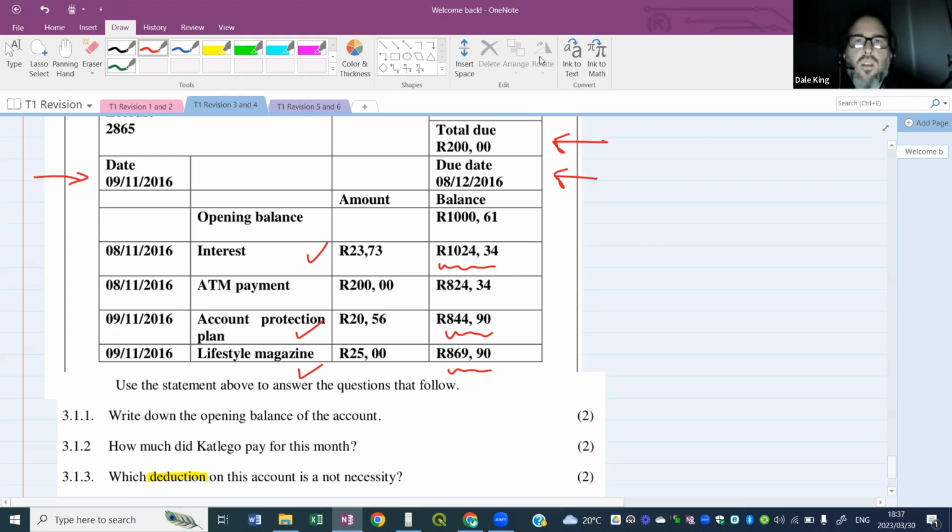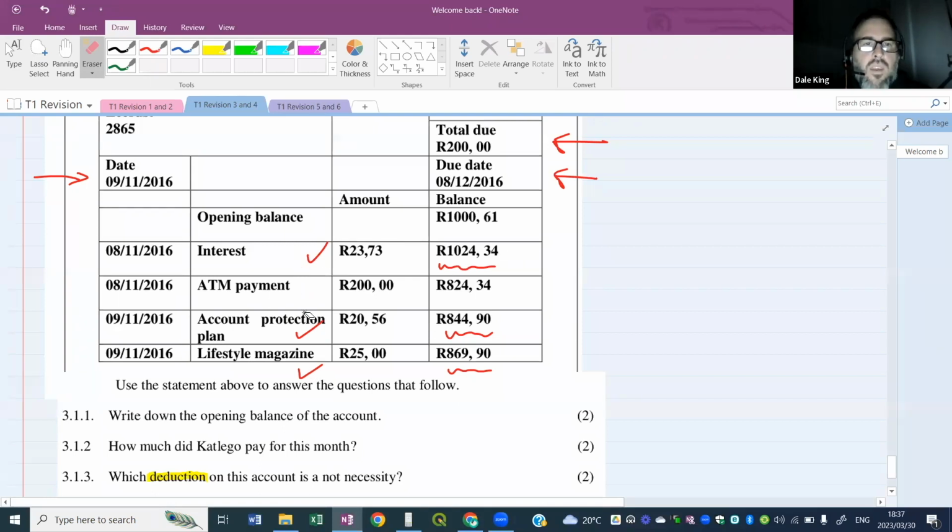Which one is not a necessity? In other words, which one doesn't really need to be there? Doesn't have to be there. It's optional. Good, Lesedi. Well done. I would agree with you that the lifestyle magazine is not a necessity. Out of all three here, the lifestyle magazine is not necessary.